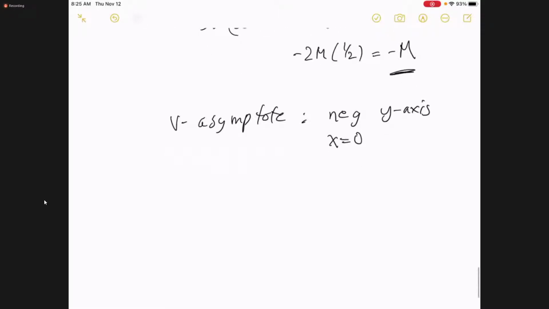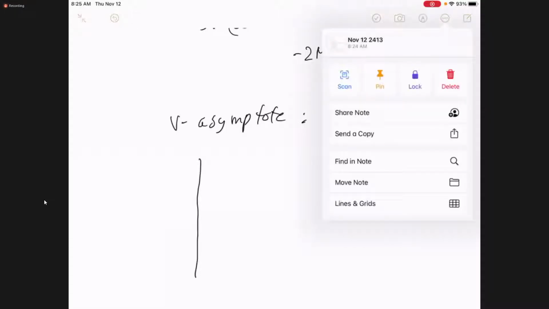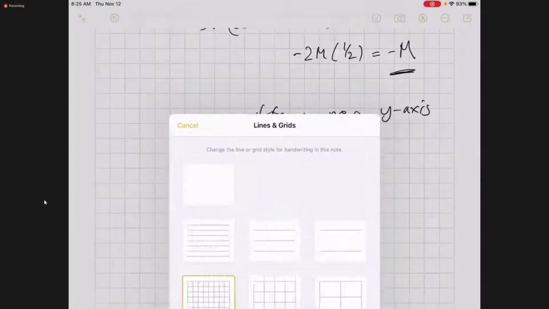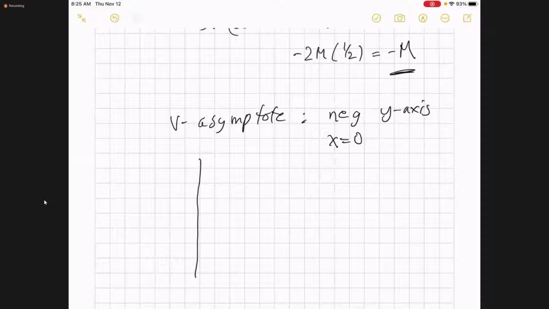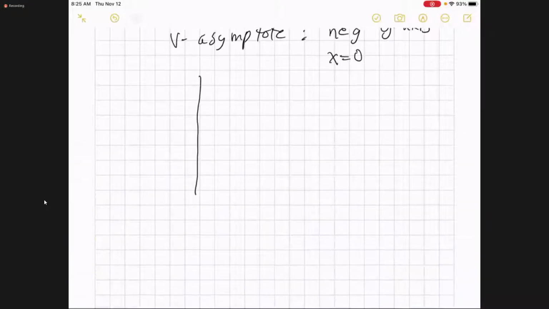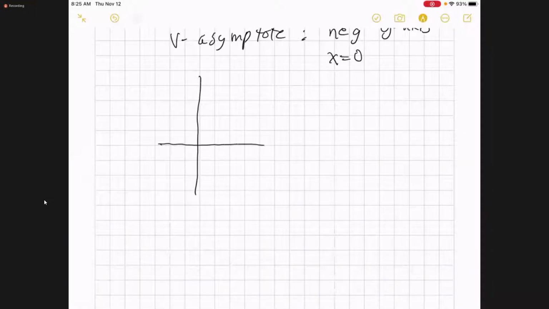And why don't I put my grids up? Okay. So picture it comes up, it crosses, and it goes up, up, up forever.